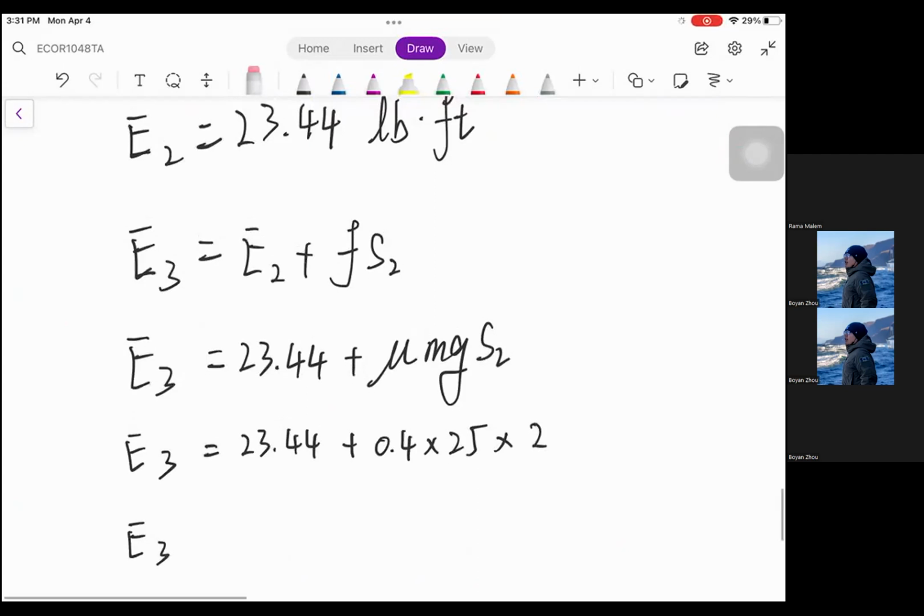Okay, I put the location of these two on the wrong place again. So this one is supposed to be E2, and E2 is here.